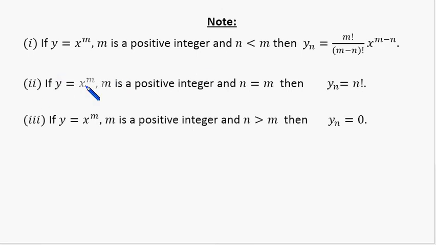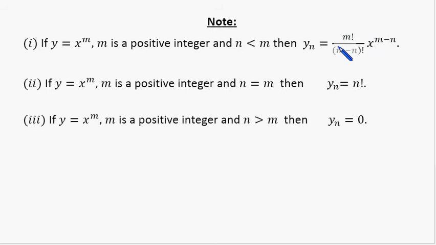Suppose m is a positive integer and m is equal to n. Then x to the power of m minus m is x to the power of 0, that is 1.